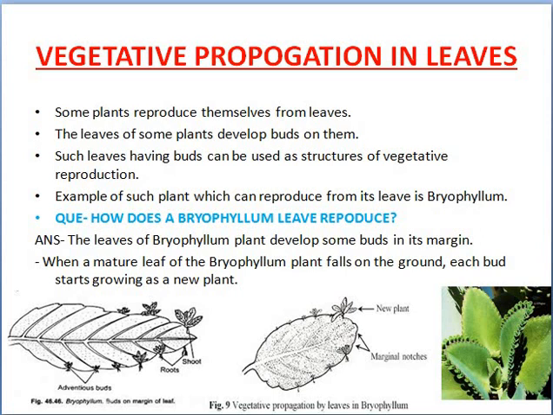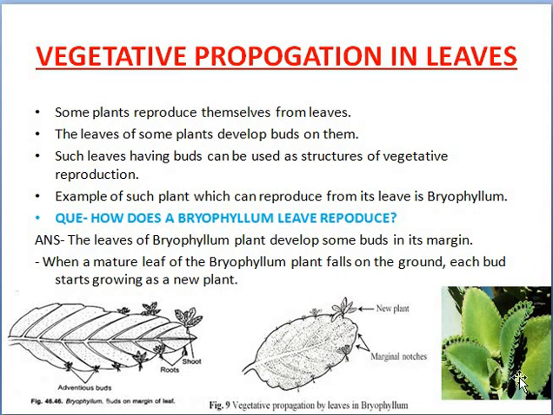An example of such a plant which can reproduce from its leaf is bryophyllum. Now if you see this picture, the last picture, this is a bryophyllum plant. If you see the leaves closely, you will see on the margin of the leaves there are small buds.